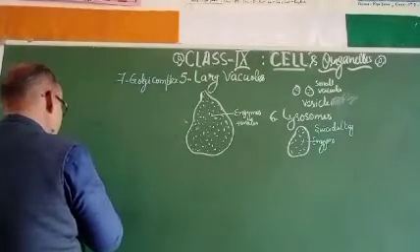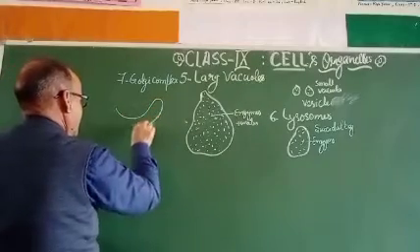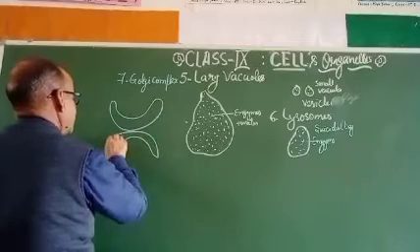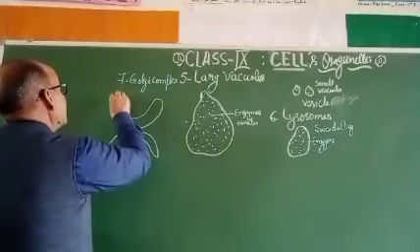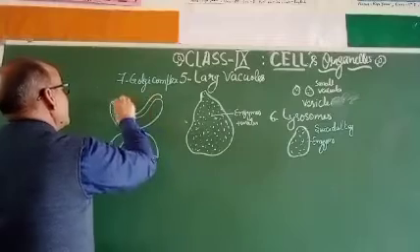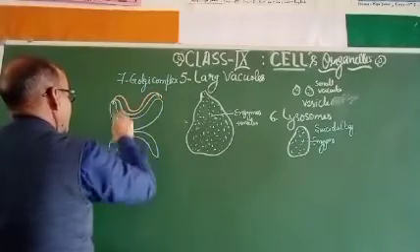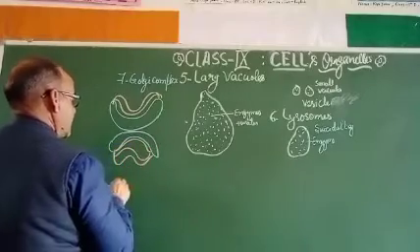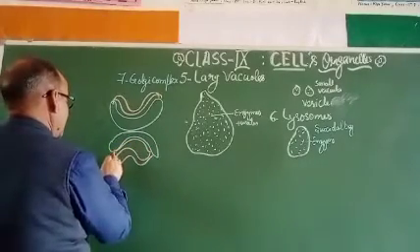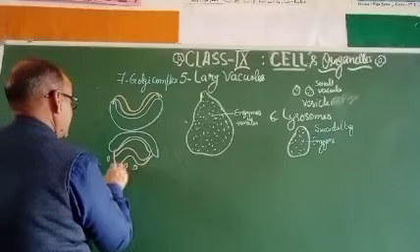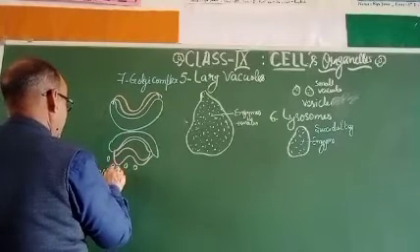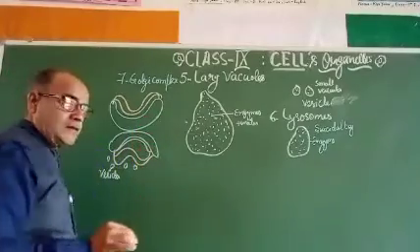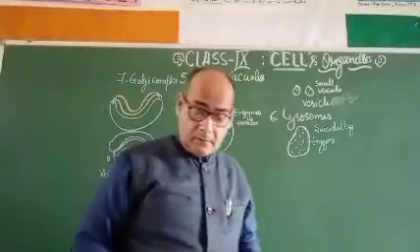See, what is the Golgi complex? This is the Golgi, a bicuspid structure, something like this. Golgi complex, and it has small vesicles. So these are the vesicles.